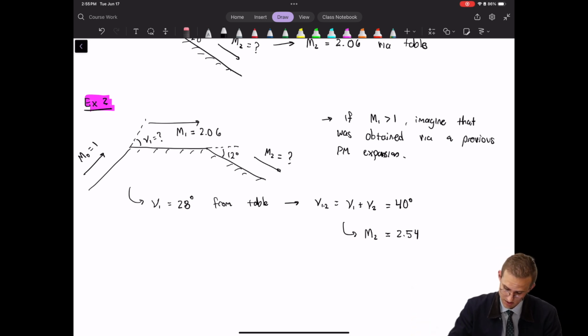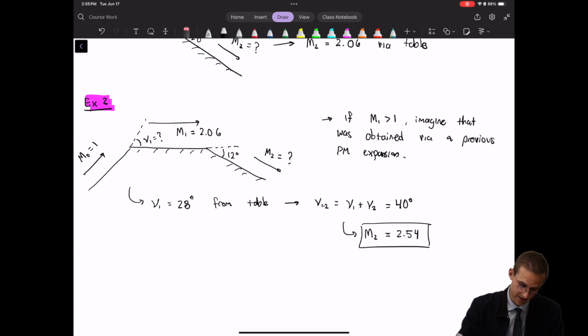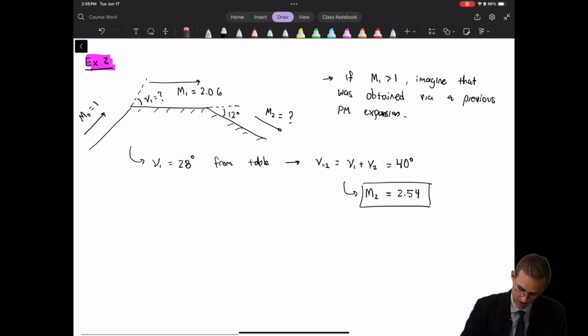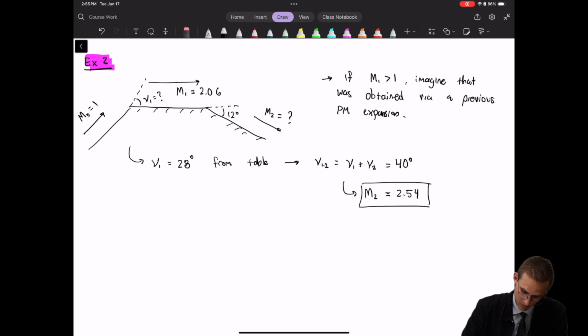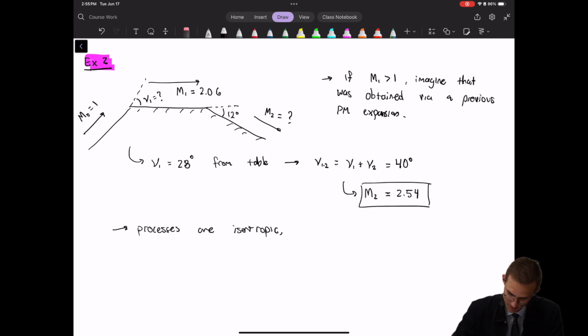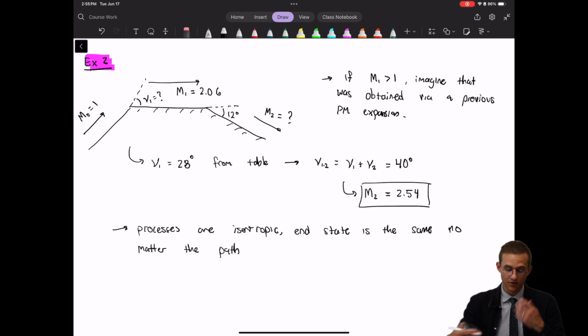Okay, I'll write that down. The processes are isentropic, which means the end state is the same no matter the path, or how many steps you took in your rotation.